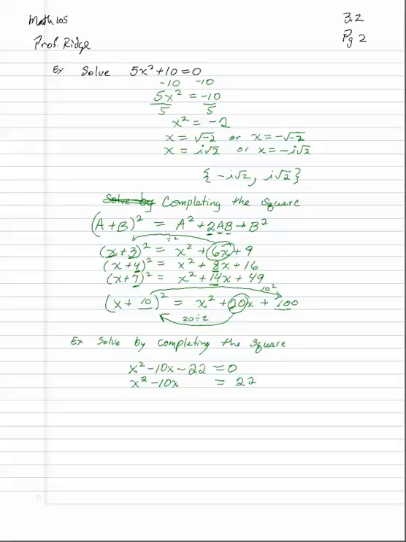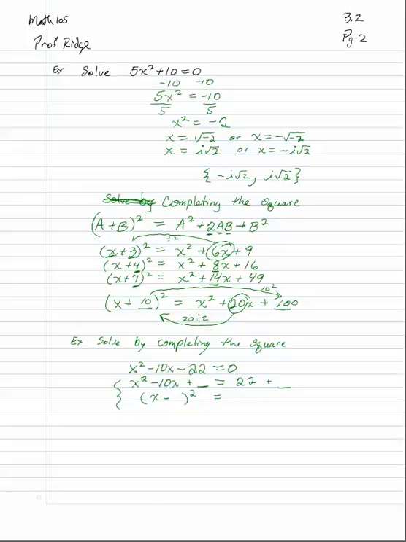And I'm going to leave a blank here, plus a blank here. And so I'm going to complete the square with those two things. So basically, it's like the one I just did above, except it's a minus instead of a plus. Oh no, it's not.